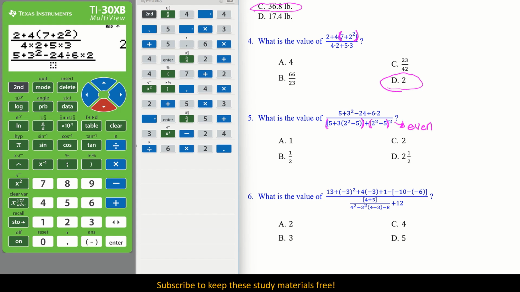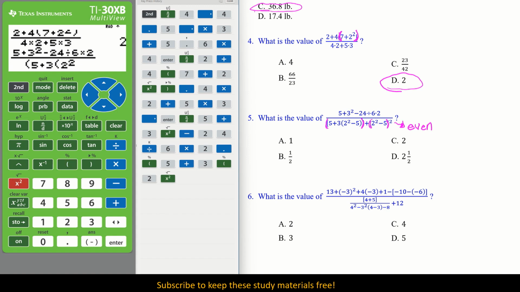paper. Okay, so we have parentheses 5 plus 3, another parentheses 2 squared minus 5. Now we have a parentheses and another parentheses. That's essential. You have to have that. Your parentheses in the beginning must match how many you have in the end, and it does. Okay.